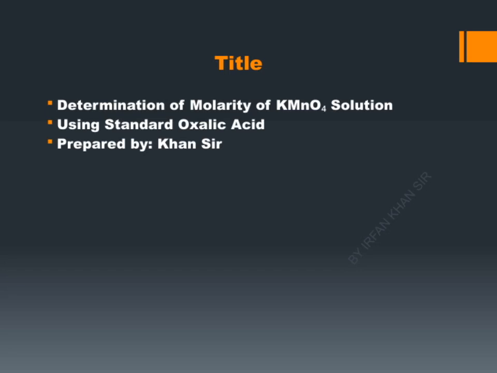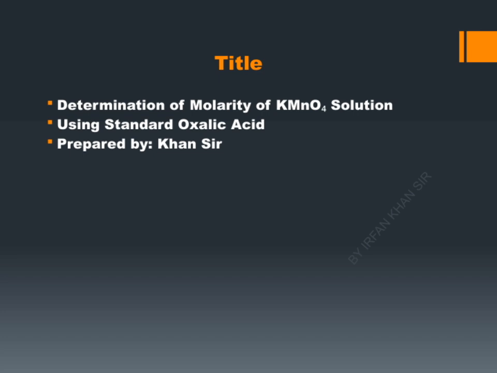Today, we're focusing on how to determine the molarity of a potassium permanganate, or KMnO₄, solution using a standard solution of oxalic acid. This method is quite common in analytical chemistry because it allows us to find the concentration of an unknown solution accurately. The key idea here is that oxalic acid acts as a standard, meaning its concentration is known precisely.